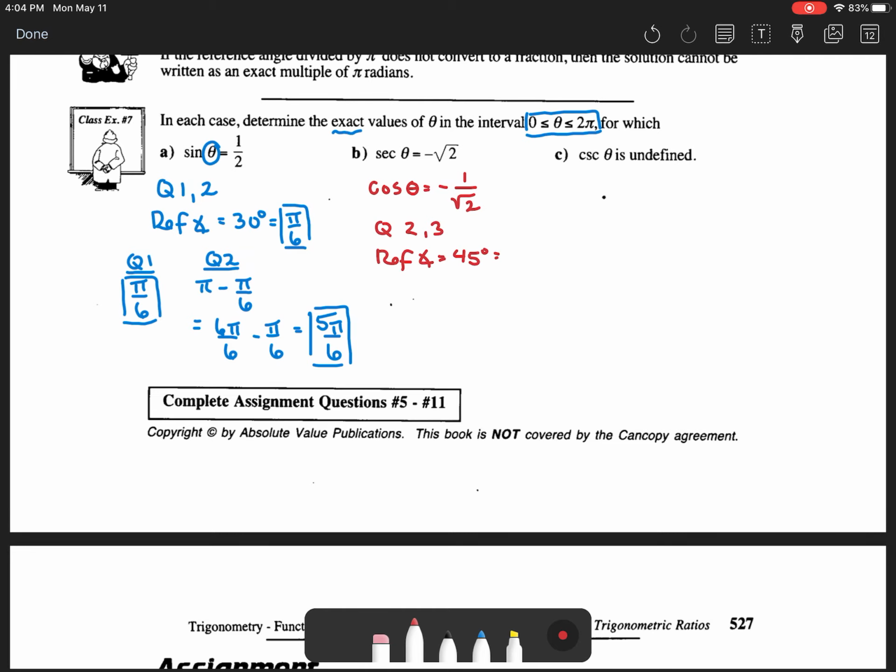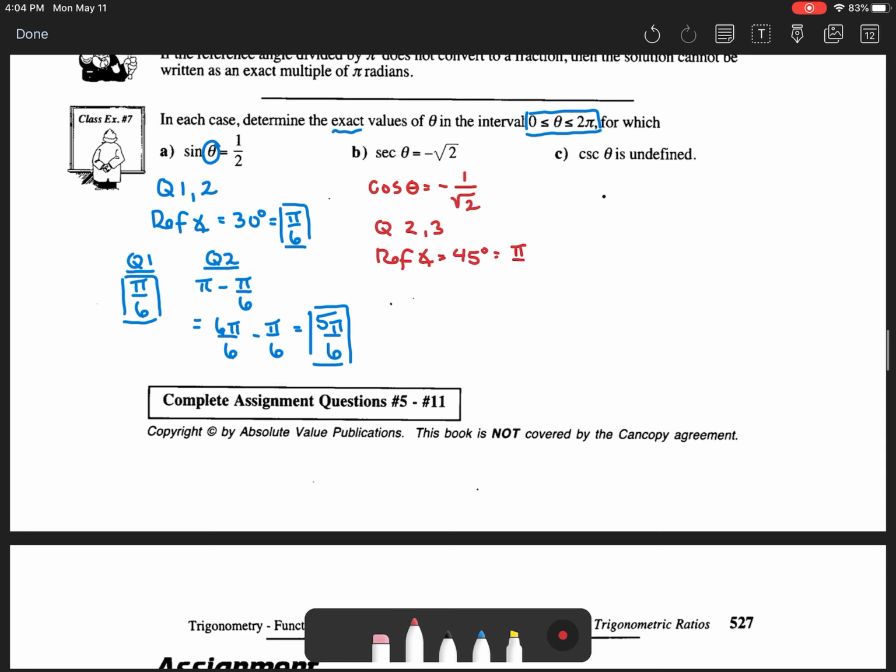Now, 45 degrees is great, but it has to be in radians. That's 180 divided by 4. So in radian measure, 45 degrees is pi over 4 radians. That's my reference angle. So I go into quadrant 2, and in quadrant 2, we always go pi minus the reference angle. And in quadrant 3, we're going to go pi plus the reference angle.